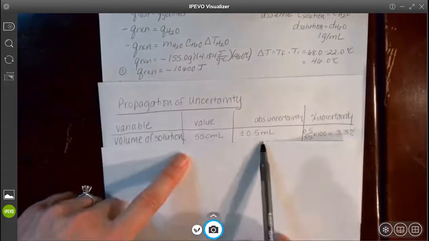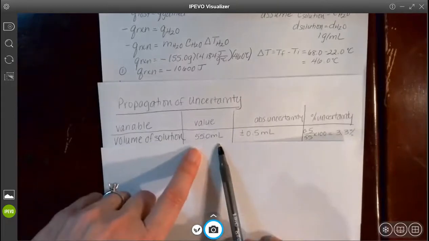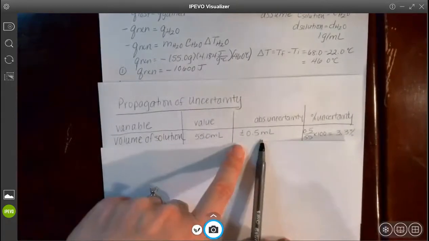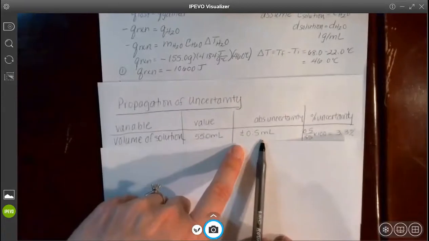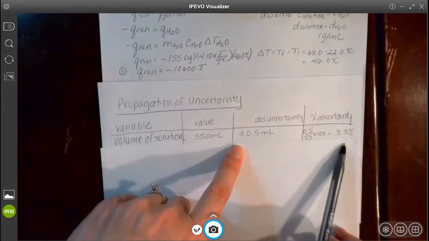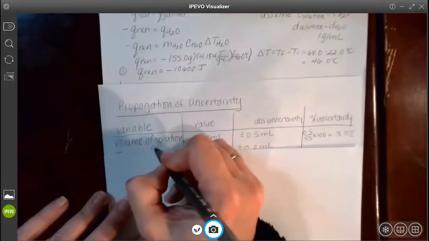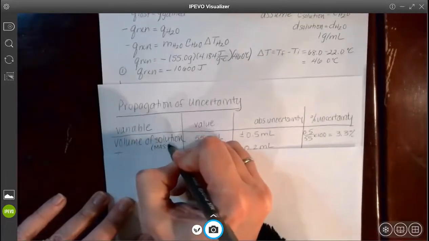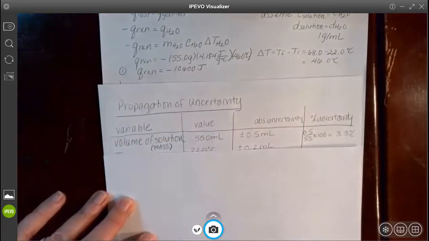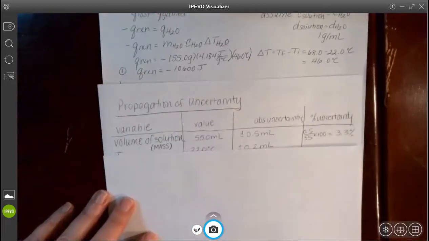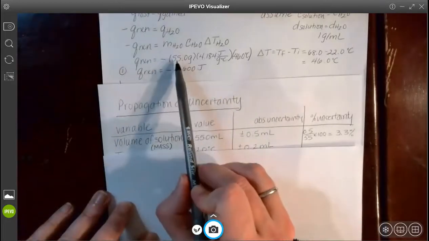So I take the uncertainty, the value, 55 milliliters, the absolute uncertainty from the measuring device, and I calculate the percent uncertainty in my volume. And I'm going to put underneath that, in parentheses, this also is going to correspond to the percent uncertainty in my mass, because that's what I used up here in my calculation.